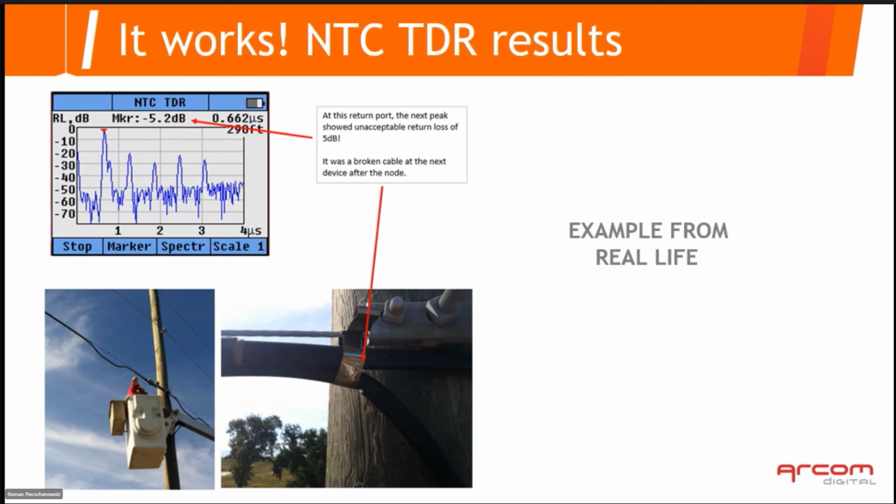Here is another record of finding real impairment. Here is a cable dent. It caused 5 dB microreflection.